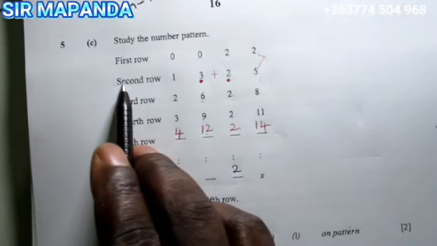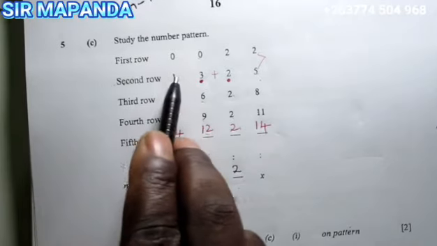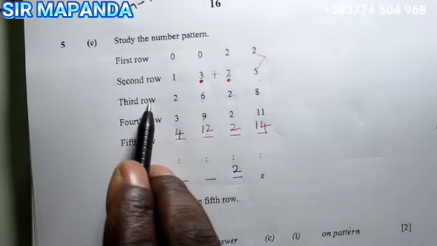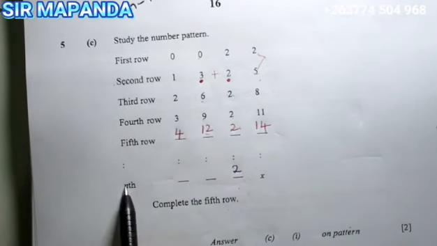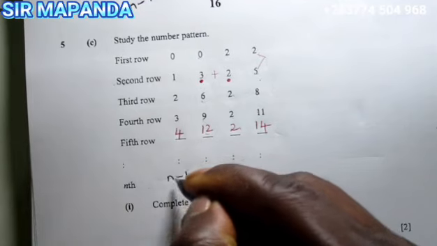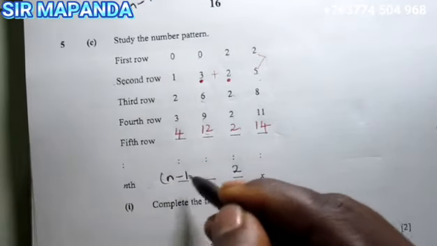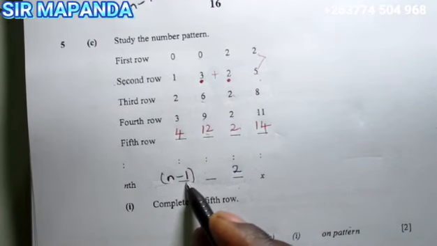For example, second row, it means 2 minus 1, you get 1. Third row, it means 3 minus 1, you get 2. So nth row, it means n minus 1. So there is n minus 1 representing this position here. I hope you are listening, class.